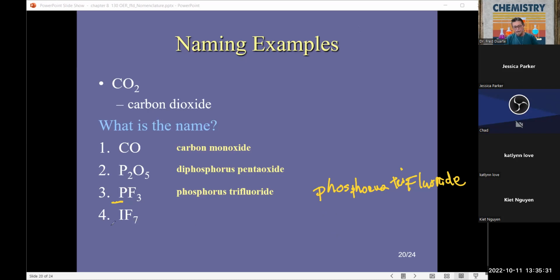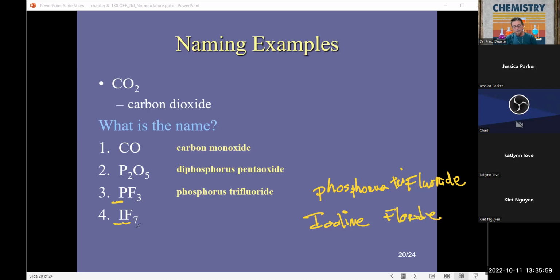And therefore, being the first element, its name is whatever its name is as an element, iodine. Then we got the fluorides. You won't ever find fluoride as a central atom. Fluoride is always bonded to something, even to itself. And so this is fluoride. Okay, so that is the base name.